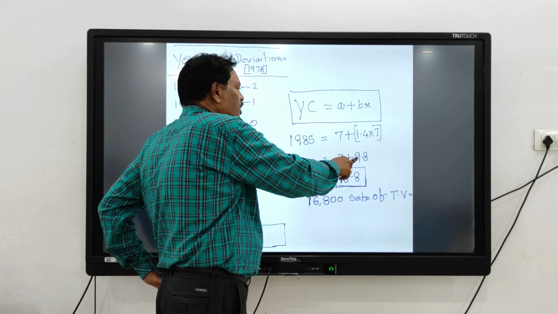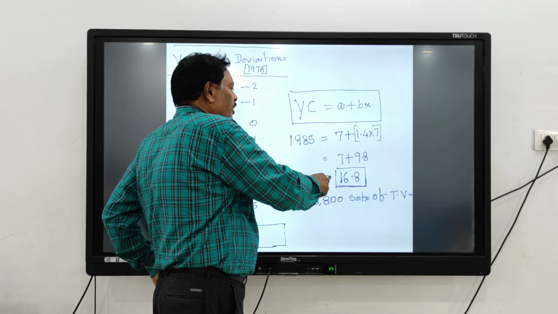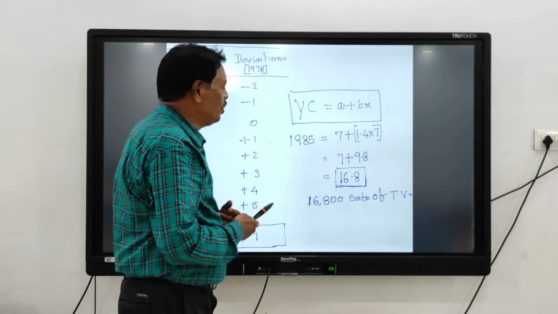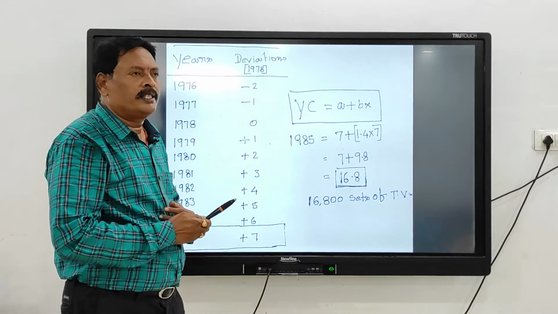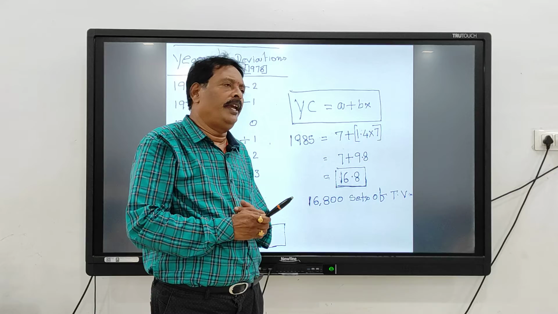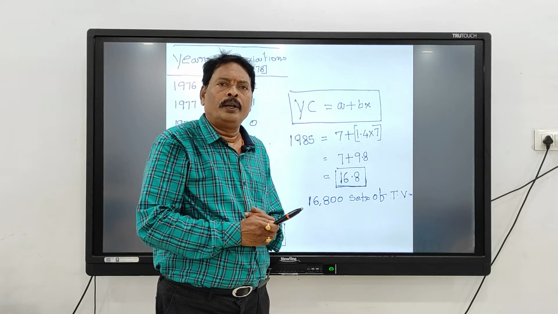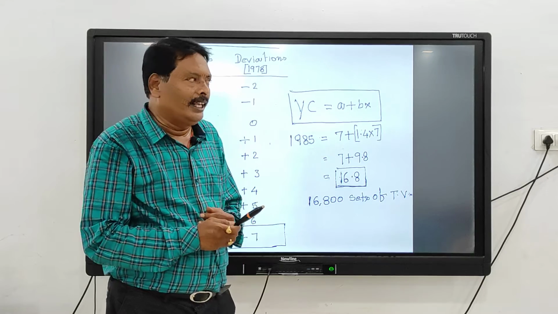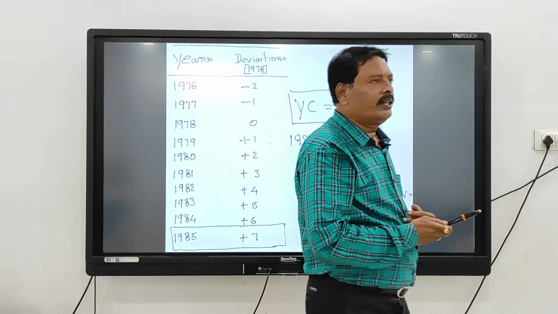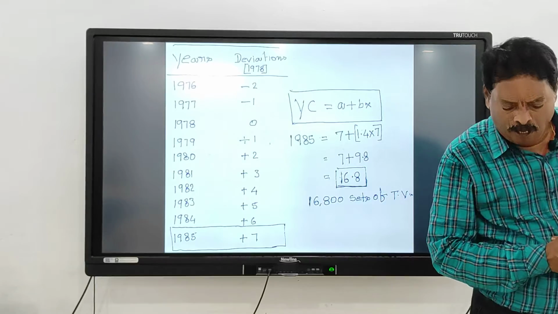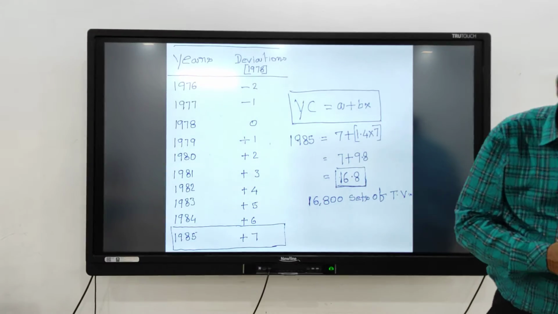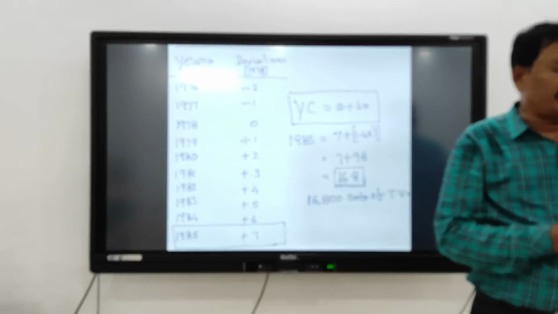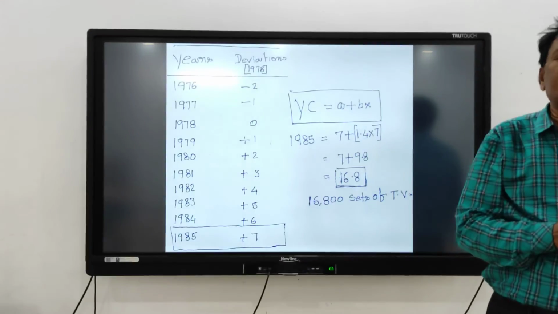When you add this result to the a value 7, the total is 16.8. That means 16,800 TV sets will be our target for 1985. Like this, we can predict or estimate future efforts by studying this time series analysis.